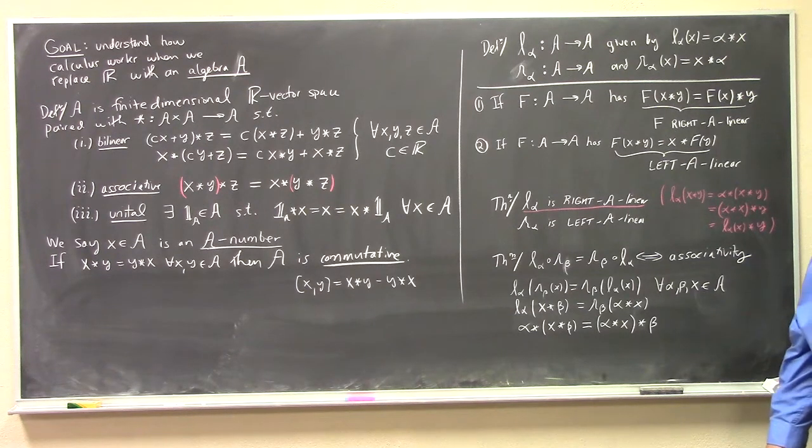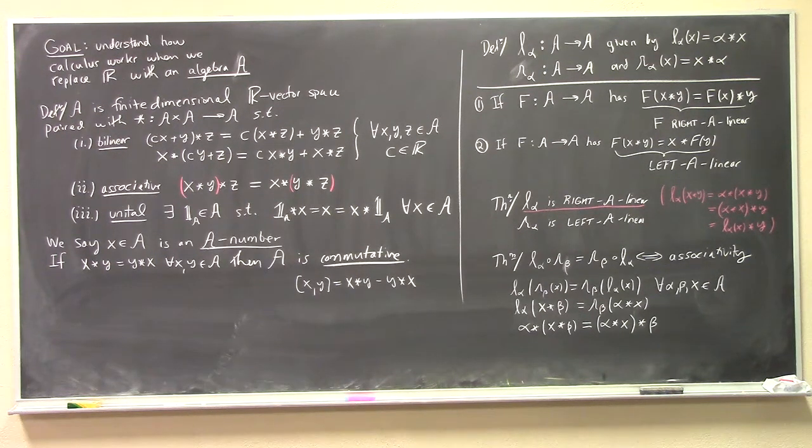These are rather special structures. If you took an arbitrary linear map on the algebra, it would not be the case that it's a right a-linear map. But these right a-linear maps are going to play a special role as we talk about calculus over an algebra. That's why I'm talking about them, okay?